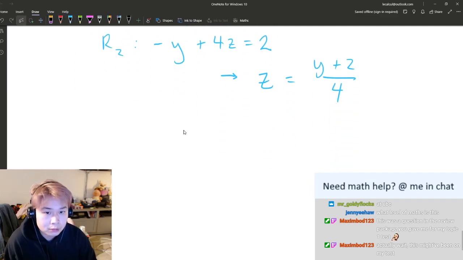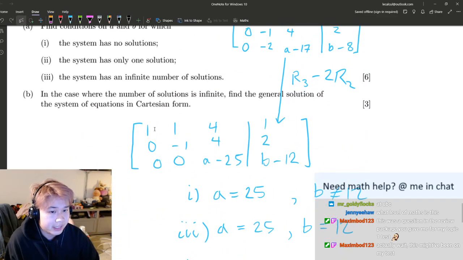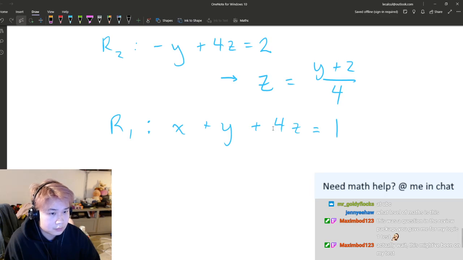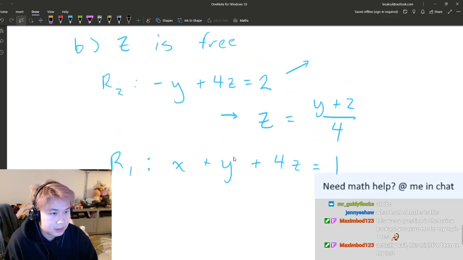And then from row 1, I have x plus y plus 4z is equal to 1. And then, you know what, I'm gonna solve for y as well. So y is equal to 4z minus 2.